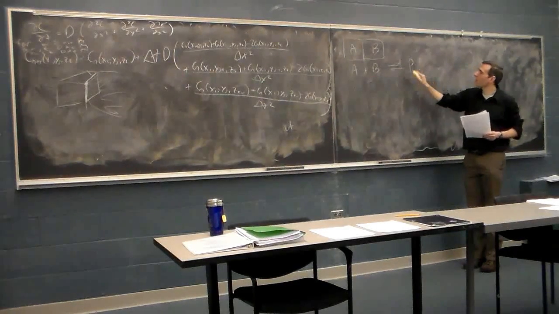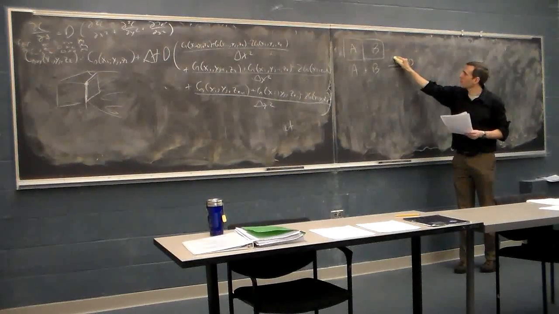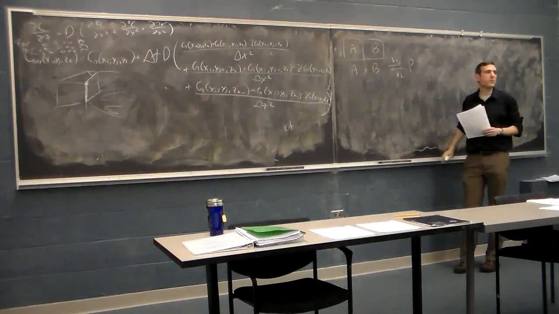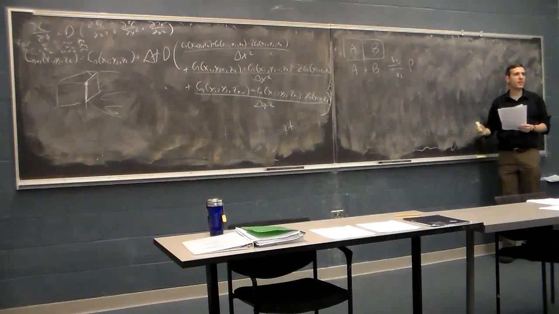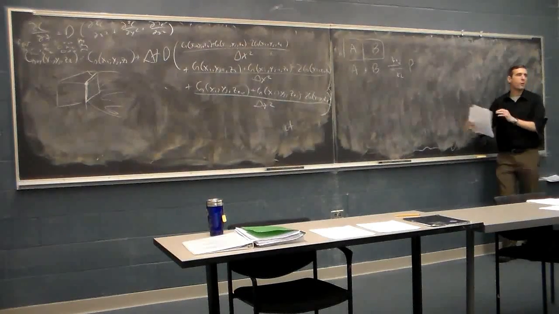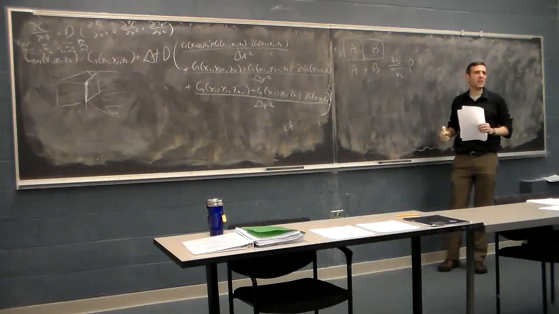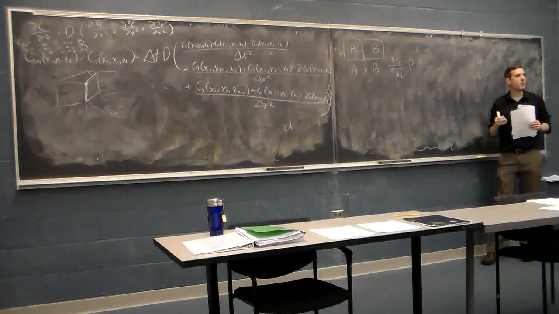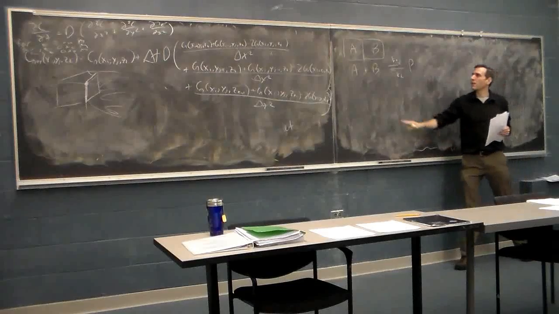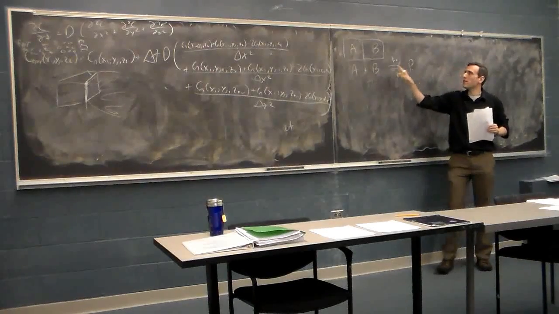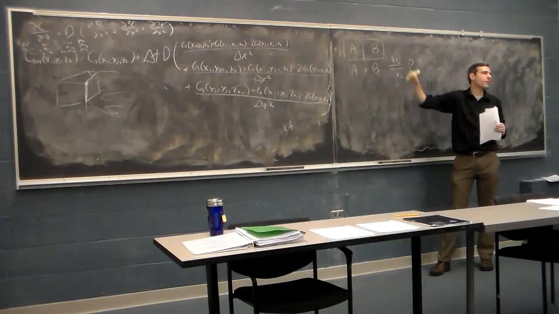So maybe we'll assume they go to some product with some rate K1, K2, and we want to simulate this system. So we want to know what happens if we pull out the boundary between these and they start diffusing and reacting with one another. We'd like to be able to simulate, as a function of time, how A, B, and P are distributed in this space.